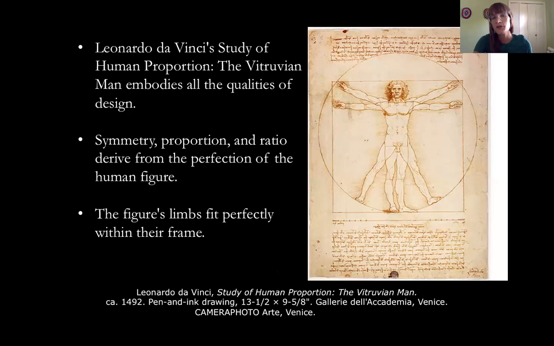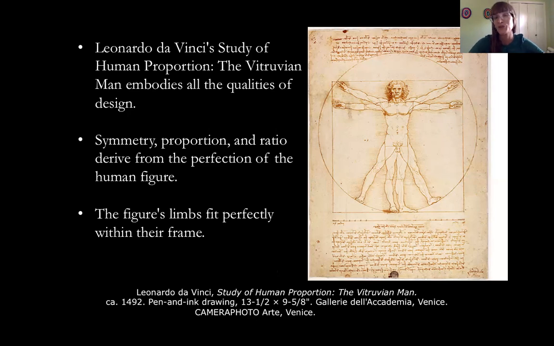Leonardo da Vinci, of course, we've talked about him a few times. He also had a study of human proportion. This is called the Vitruvian Man. You've probably seen it. It embodies all the qualities of design. The human figure works inside the circle, which works inside the square. And as the limbs move, it works within these elements of design.